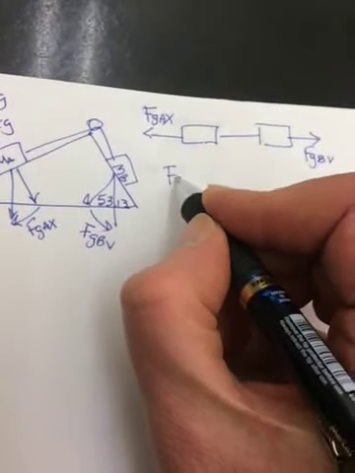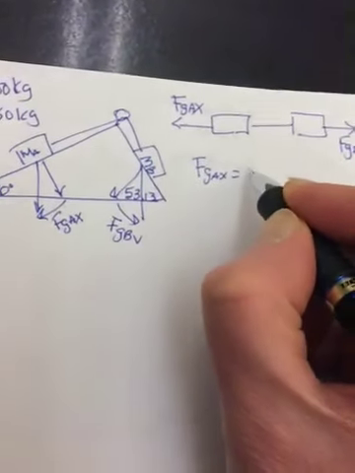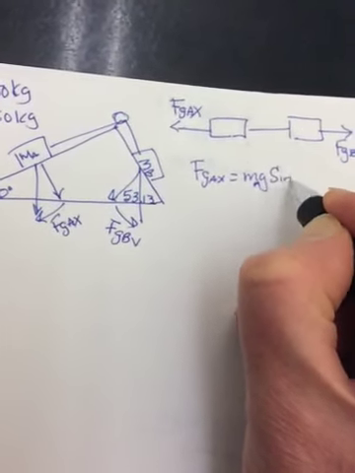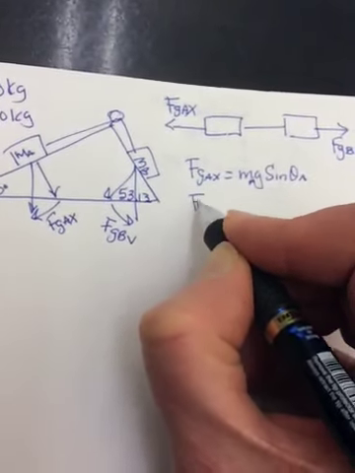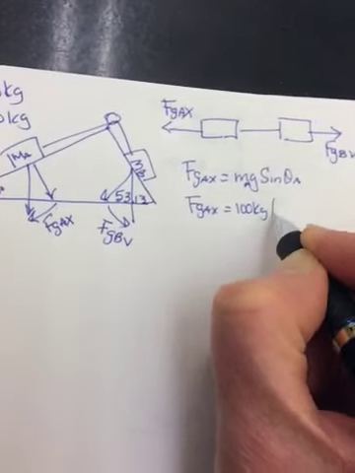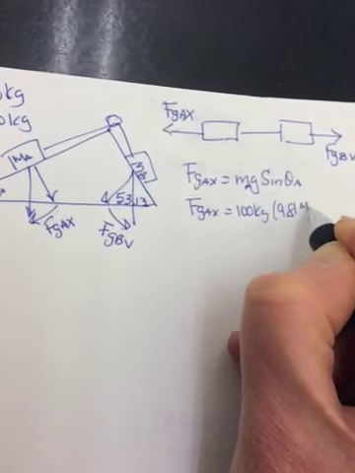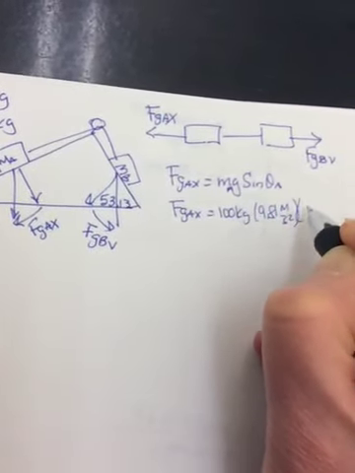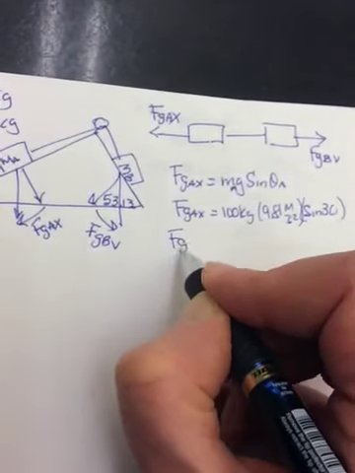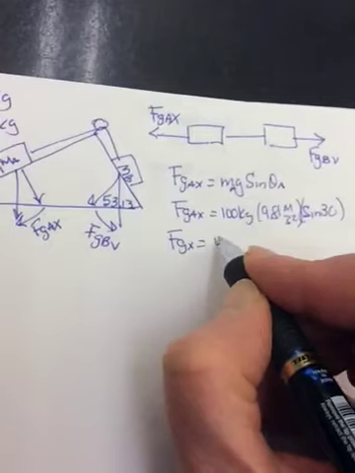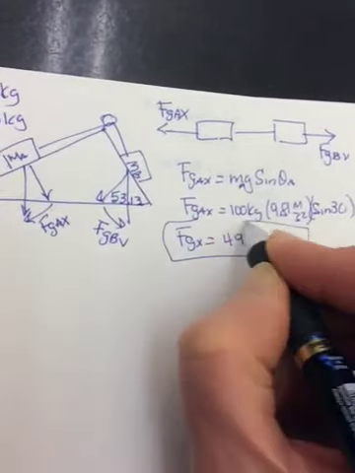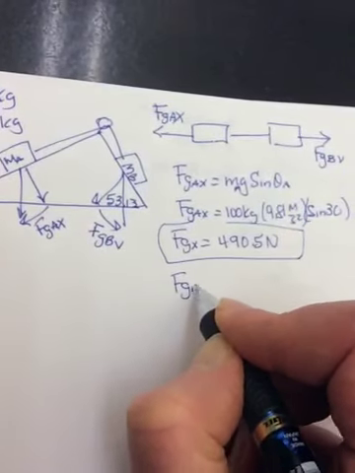Well, it's going to move depending on which one of these is bigger. So find your FGAX. It's really just going to be MAG sine theta of A. So it's going to be 100 kilograms times 9.81 meters per second squared times the sine of 30. FGAX is 490.5. Going to run out of time. Do the same thing with FGBX.